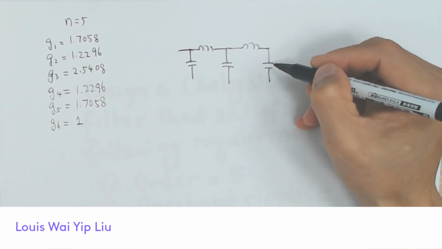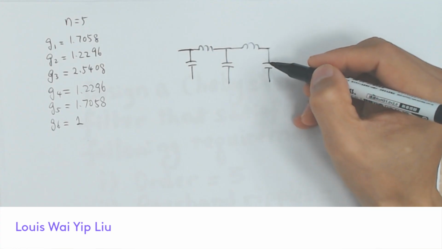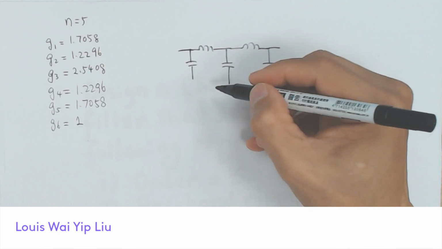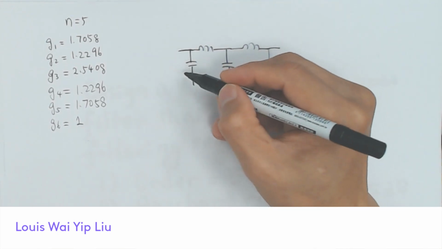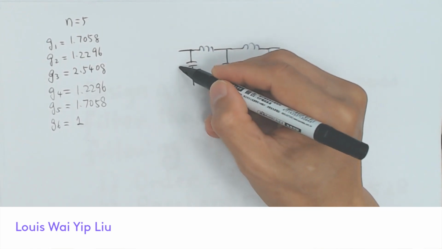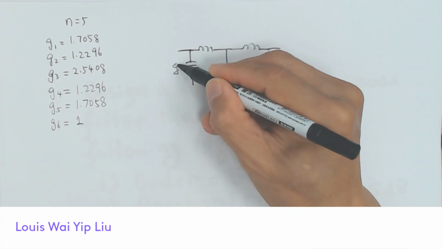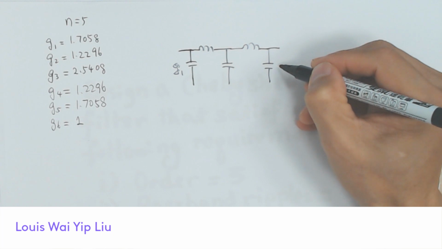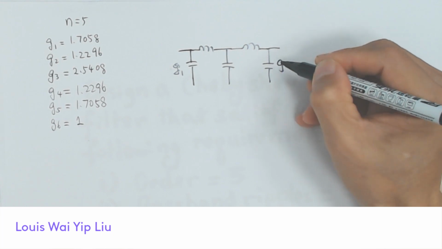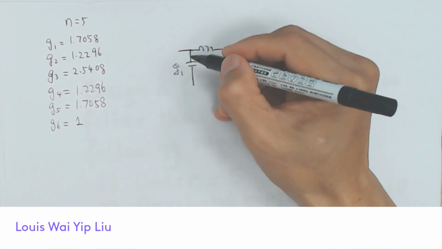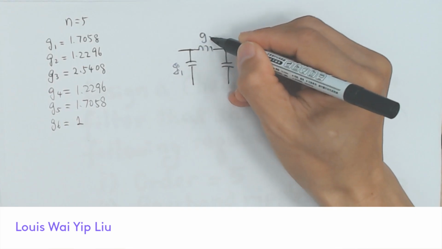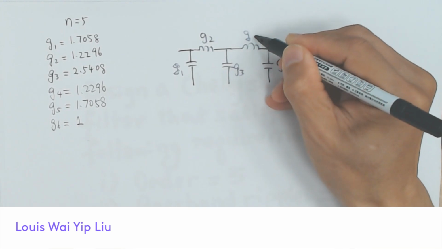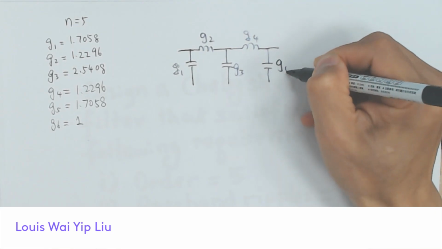So this one is G1, and this one is G2, G3, G4, G5.